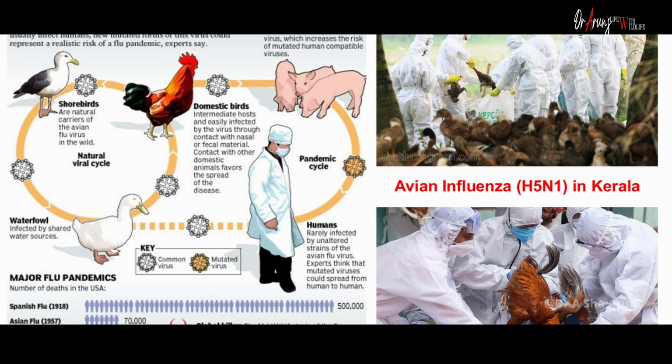To prevent the spread of the virus, authorities culled over 60,000 birds within a kilometer radius of the outbreak's epicenter. Farmers received compensation for the culled birds. Avian influenza poses a significant threat to both poultry and wild bird populations, with potential implications for human health.